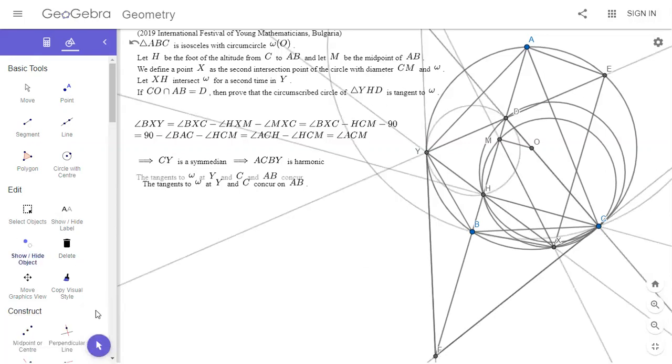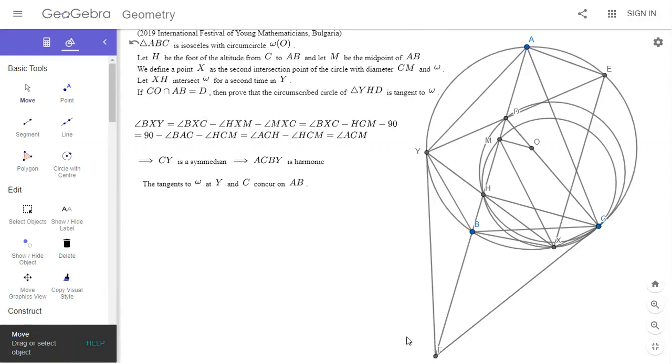And once we know that, then we want to show angle FYH is equal to angle YDH, but FYH is equal to FYX.